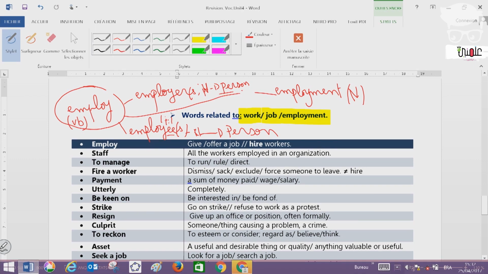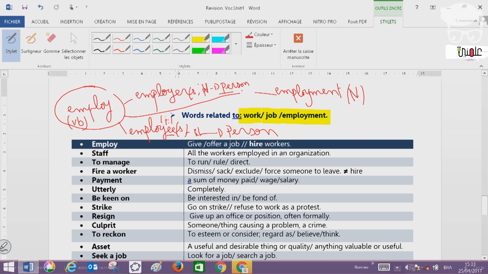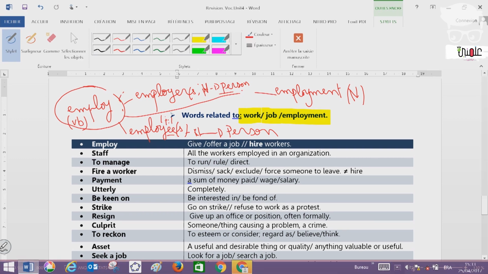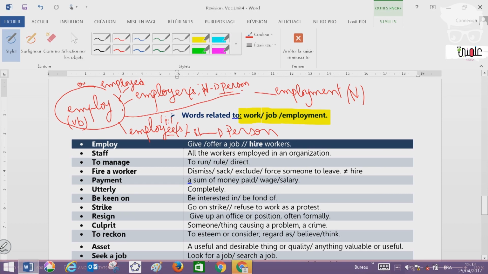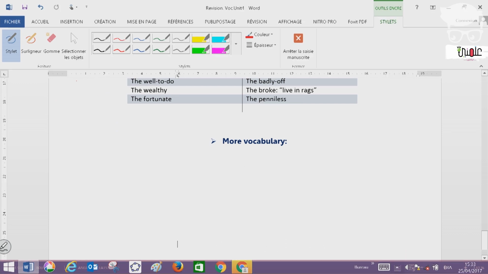Good. There. We can say, still again, we can form more words, and we can say employed. And the word is an adjective. Okay? Here is an adjective form. So you see, we can form different words.